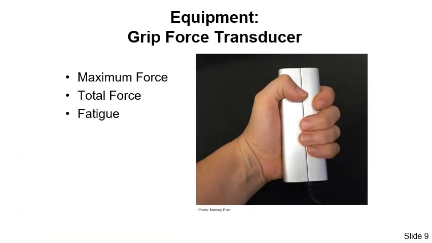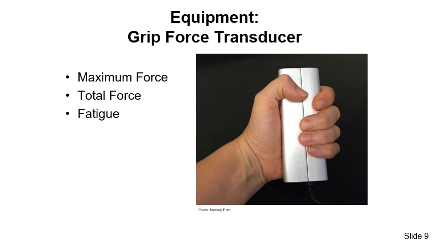Another piece of equipment we have, this also hooks up to the PowerLab that we used in lab 1, is where you can squeeze this metal bar that you see here, and that measures the amount of force in that squeeze. So you can measure the amount of grip force. You can measure things like maximum grip force, total grip force. You can get measurements about muscle fatigue and various other things.